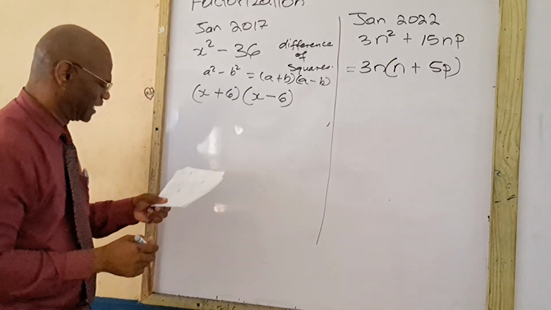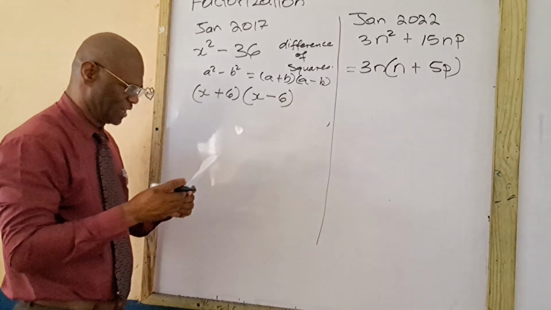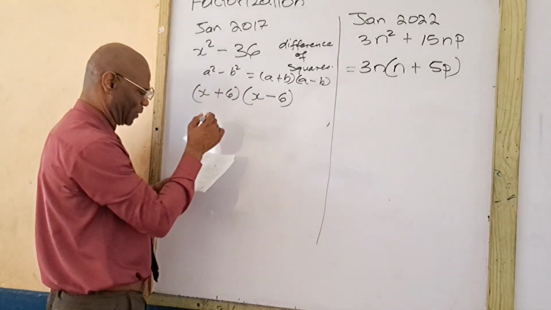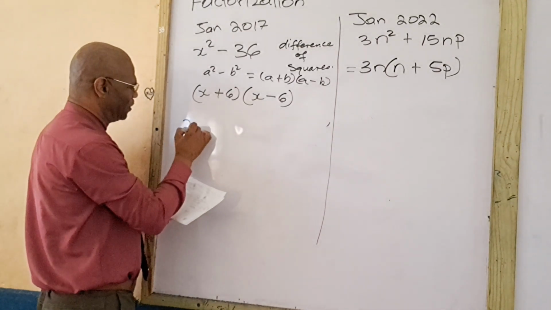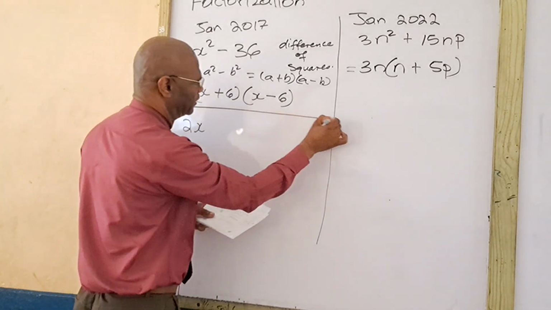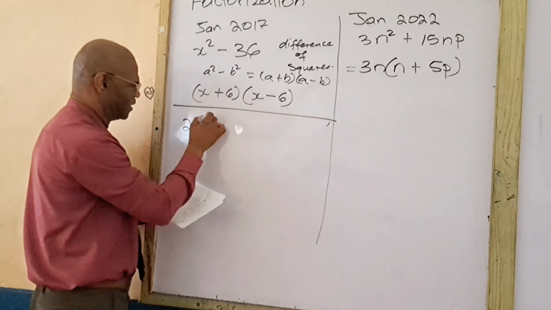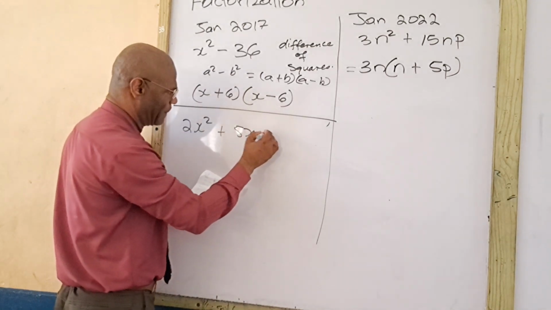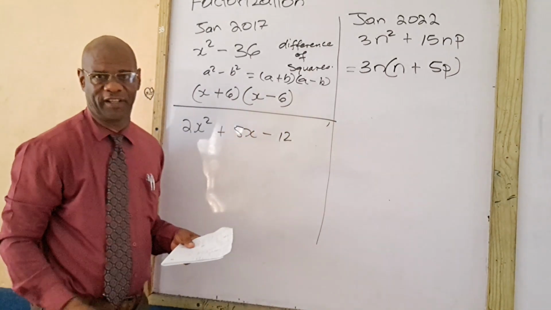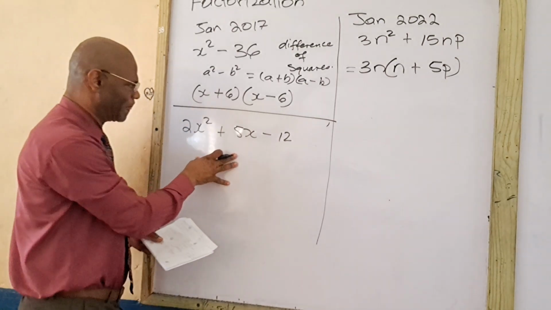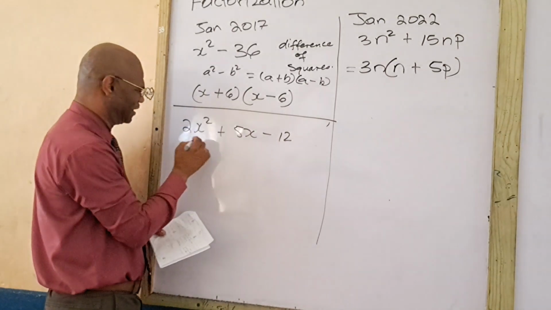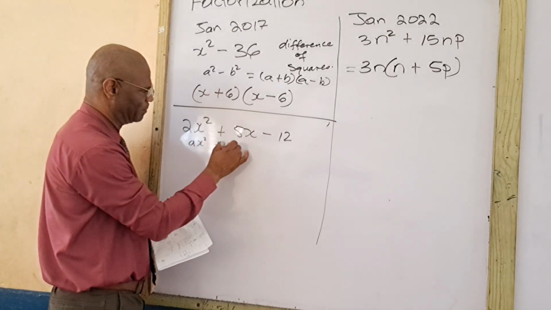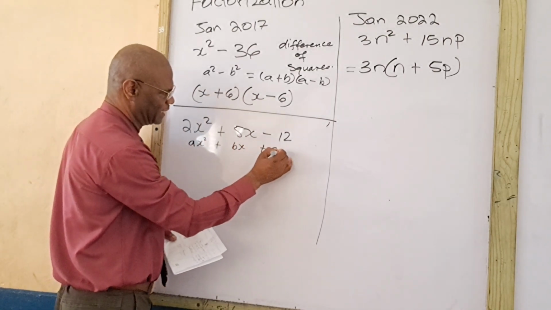Okay, so next, there were 2 for 2017. So we have 2x squared plus 5x minus 12. This is in the form ax squared plus bx plus c.